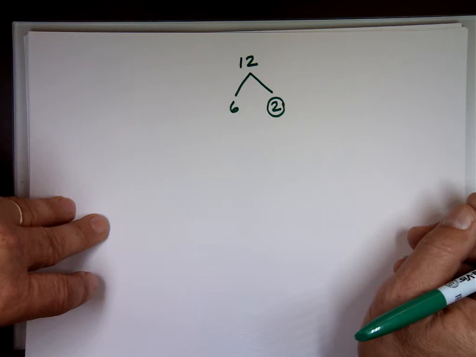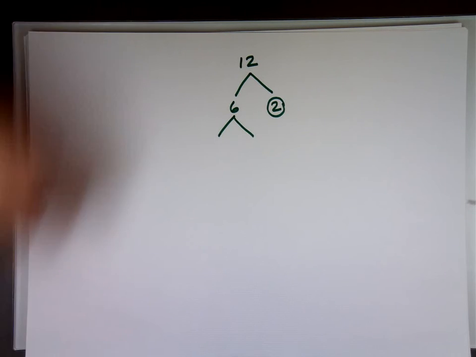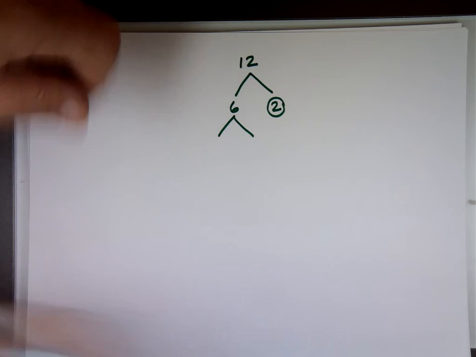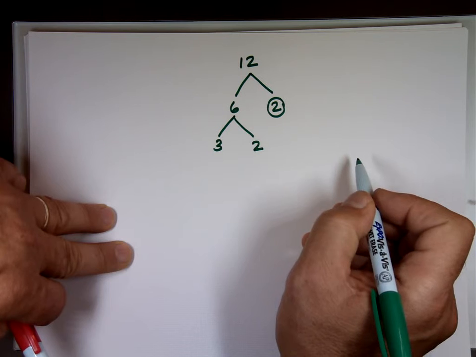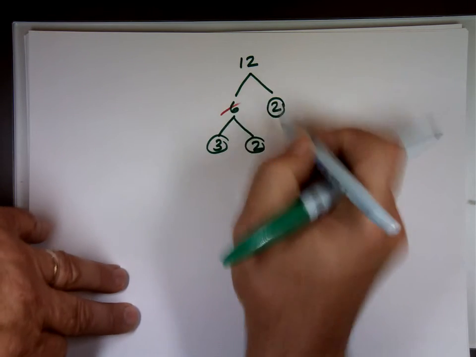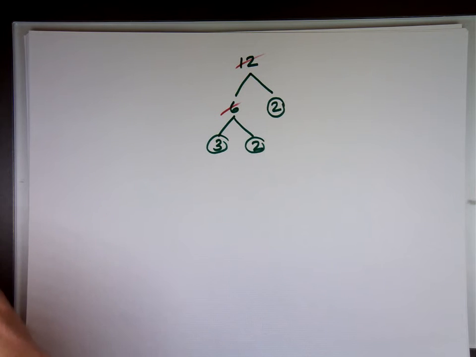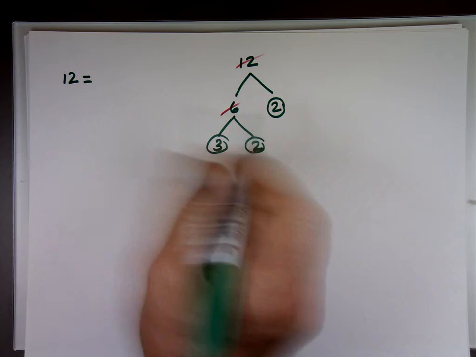Is 6 a prime number? No. Can we take the 6 now and break it down? 6 is what? 3 times 2? Are these prime numbers? Yes. So the 6 is gone now. I'm replacing the 6. When you look at it, what's left on the bottom? I like to put them from small to large.